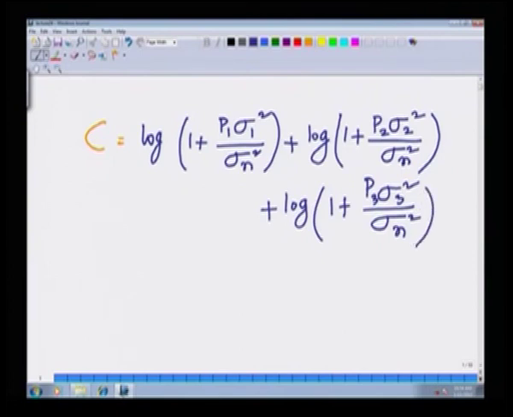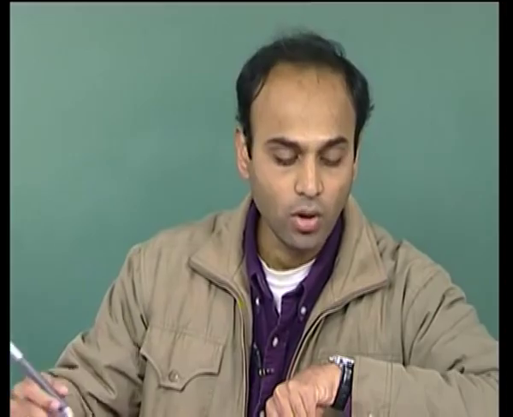P1, P2, P3 are the powers allocated to channels 1, 2, 3 respectively. Sigma 1, sigma 2, sigma 3 are the singular values of these 3 channels, nothing but the gains of these 3 channels, and sigma n squared is the noise power.